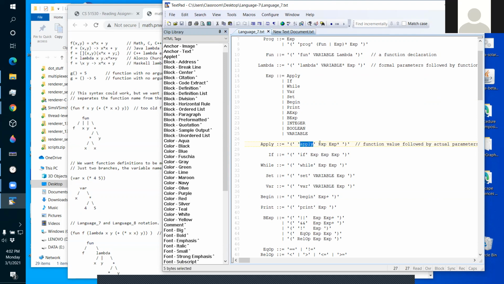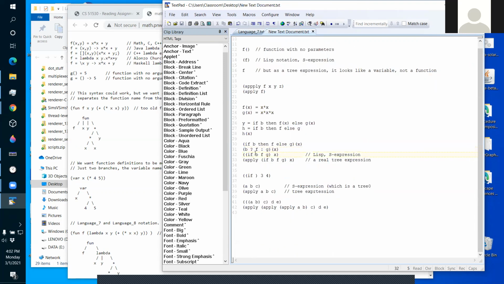You call the result of some expression on some other expressions. So this says, compute a function for me. Tell me which function to apply. Instead of me just saying F, I have some expression here that says compute which function I want to call. Here it uses the Boolean B to decide, should I call F or should I call G? Okay, that's a more powerful programming technique.